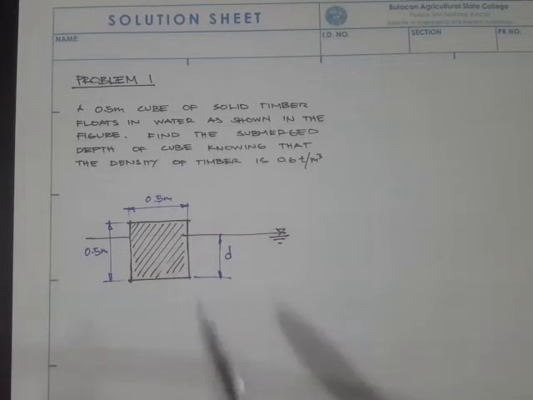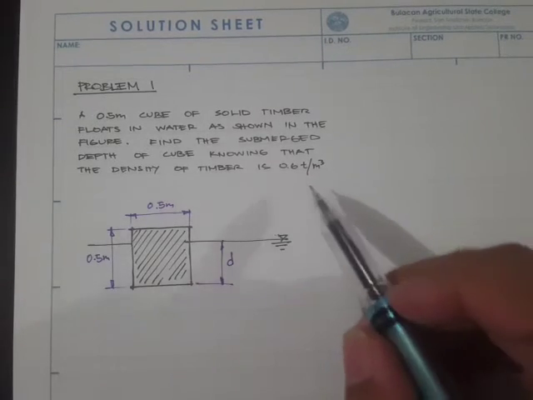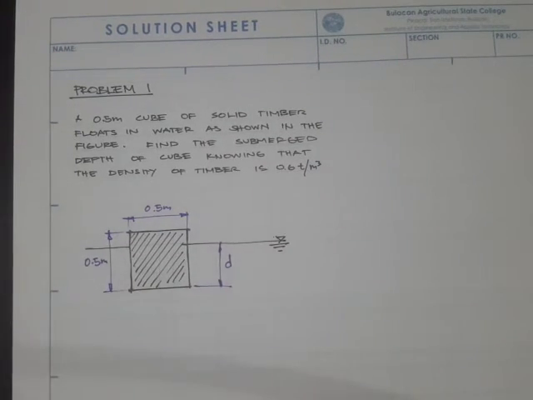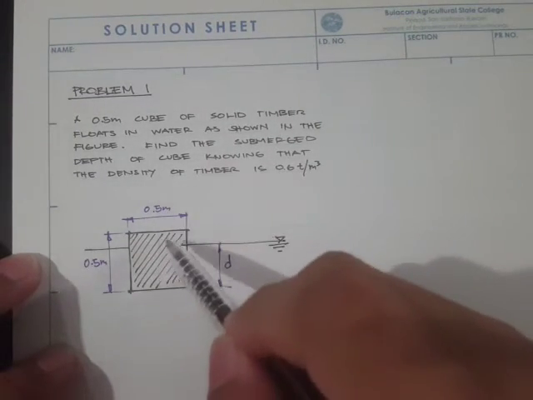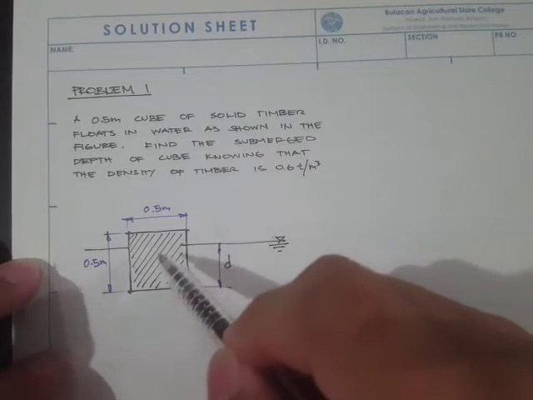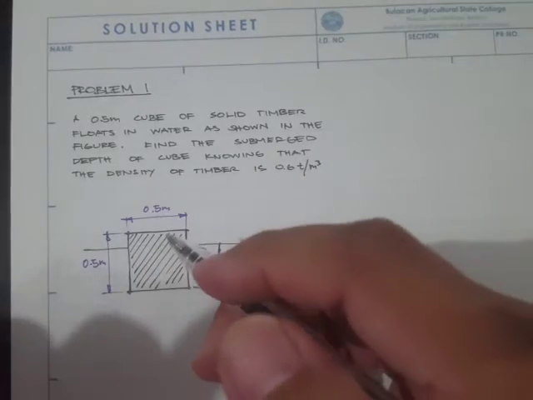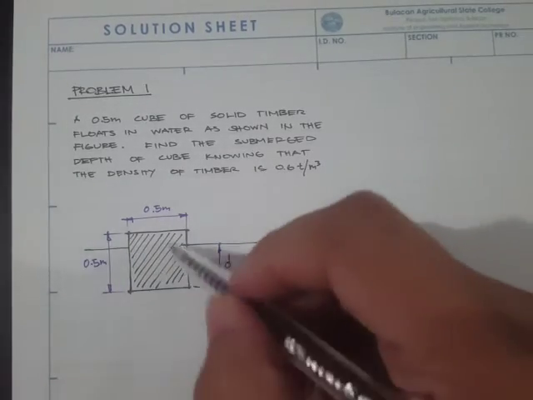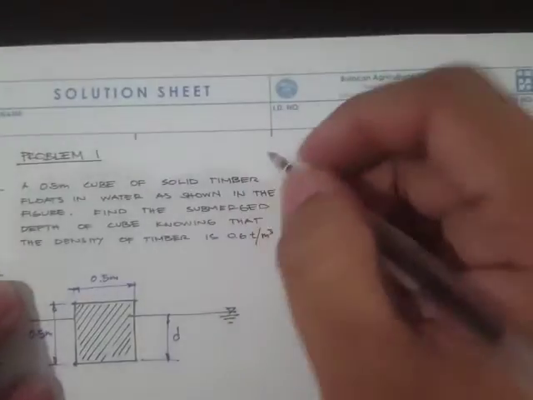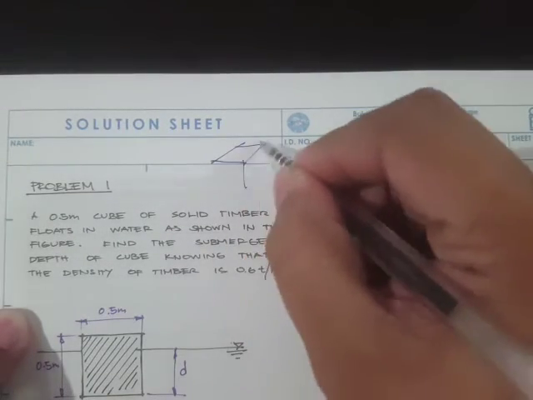Find the submerged depth of the cube knowing that the density of timber is 0.6 tons per meter cube. We have a solid object that has a dimension of 0.5 by 0.5 by 0.5. If we draw the solid, it will look something like this.